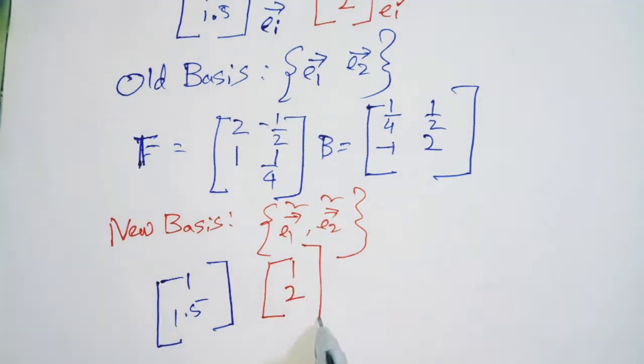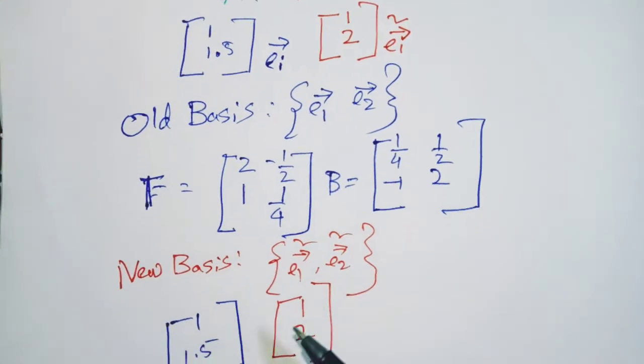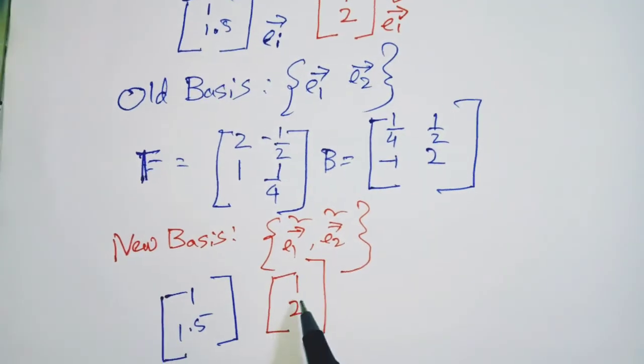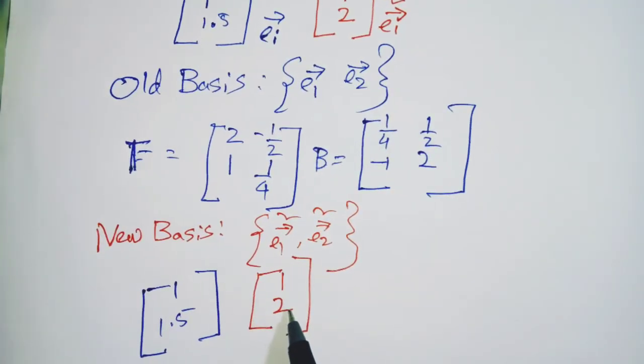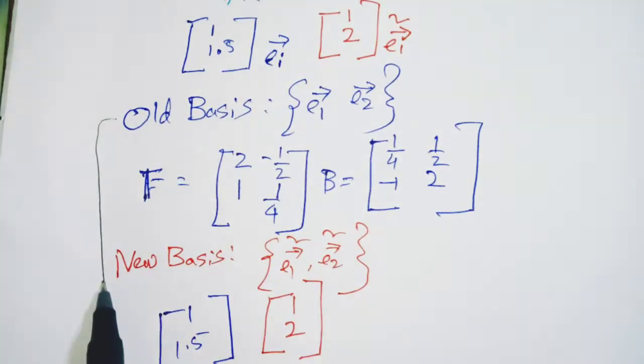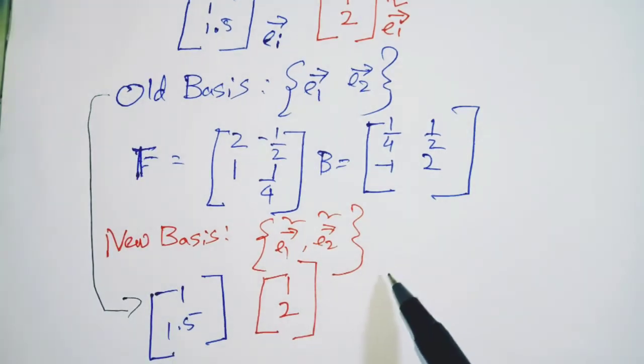1 and 2. So the basic idea behind writing all those lines is that for the old basis, this is the way in which we go. From here, we have got the new one. And from this part, 1.5 and 1.2, we are going back to this. So I will just show you like this. This is the way from old to new, and again going back from new to old.